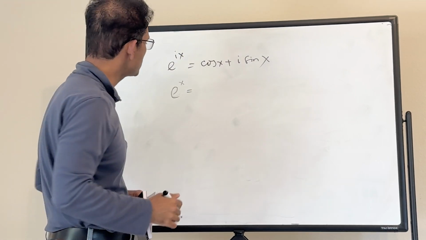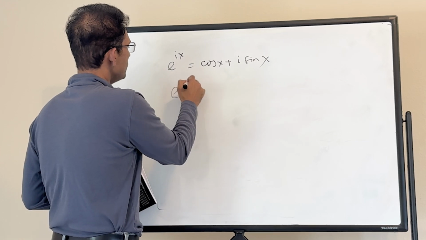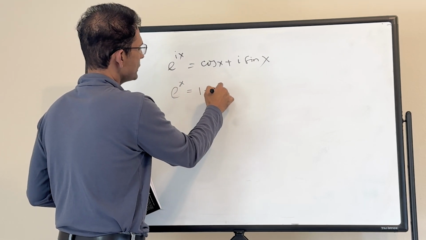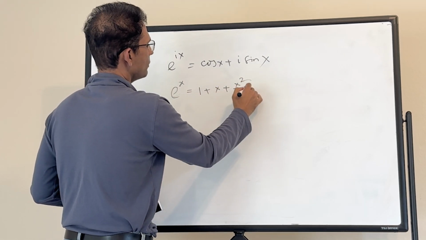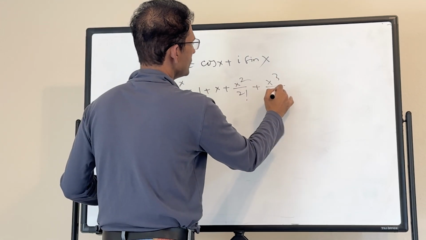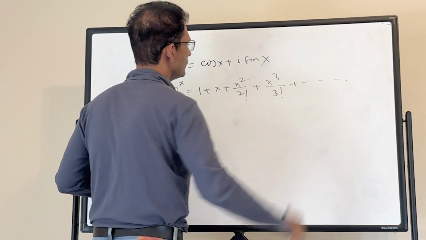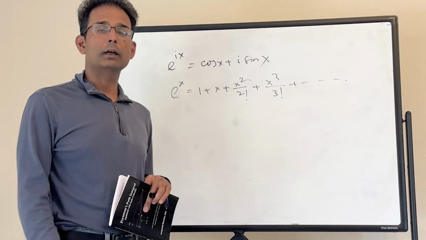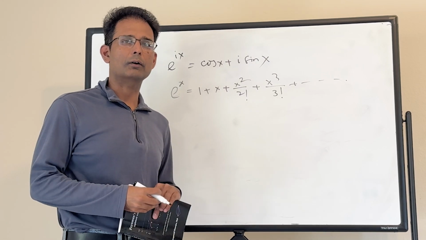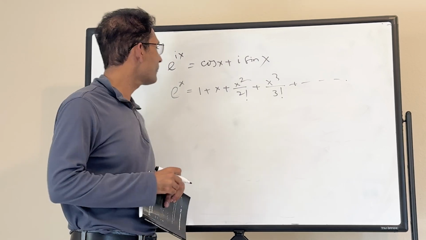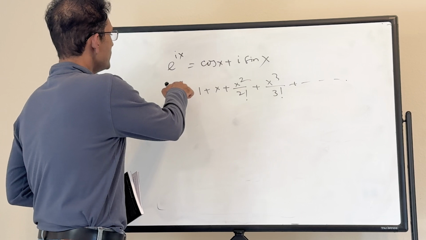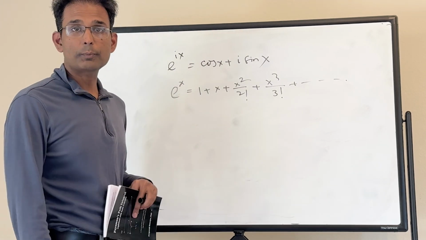There's no complex numbers or anything. Okay. So I'm going to write e to the x is equal to 1 plus x plus x squared over factorial 2 plus x cubed over factorial 3, and so on, right? So we derived this expansion in the previous session, or could be the session before that, okay? All right. So now we are simply going to replace x by ix, okay?